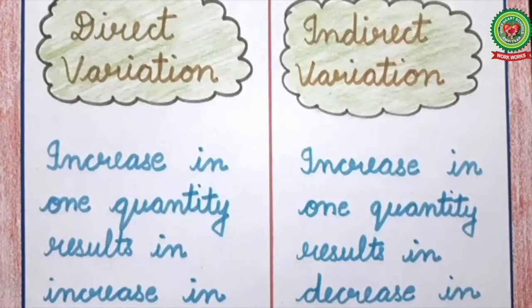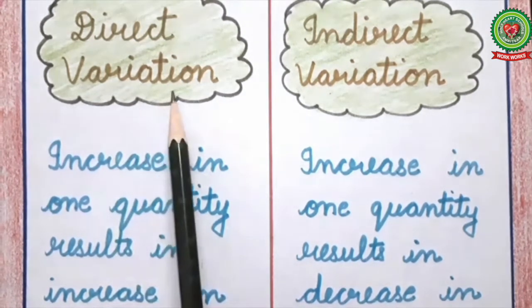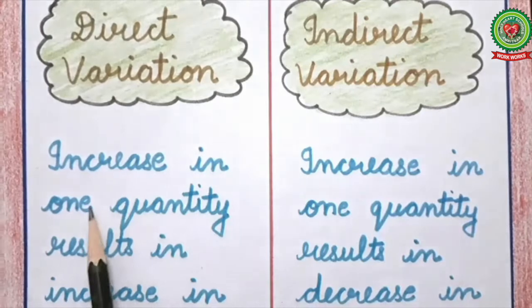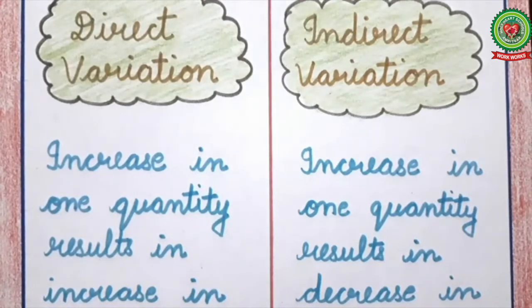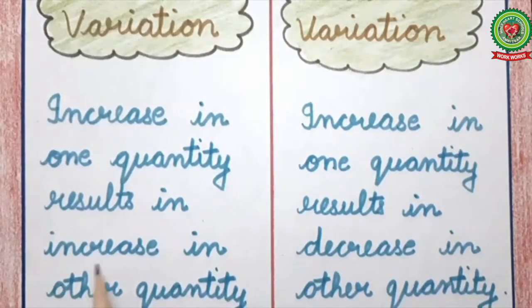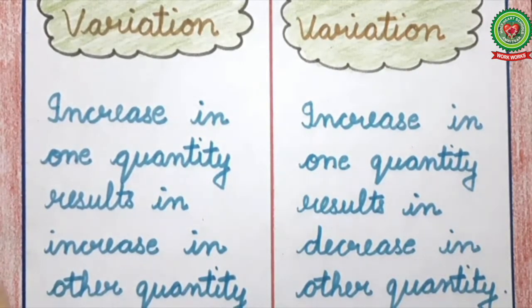Now, you are able to differentiate between direct and indirect variation. For direct variation, increase in one quantity results in increase in other quantity. Or we can say decrease in one quantity results in decrease in other quantity.